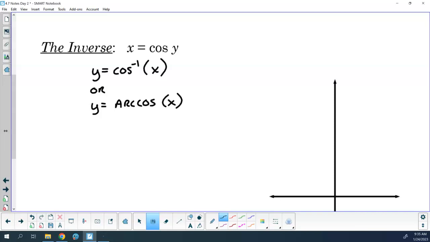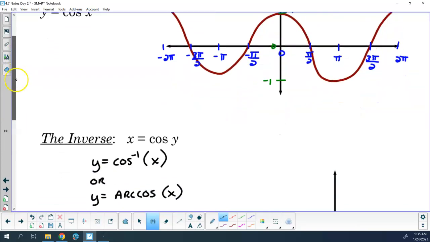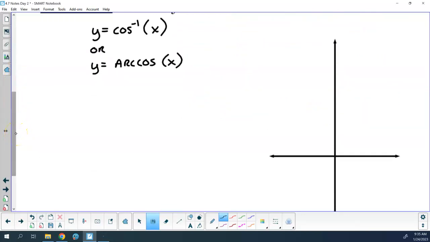So give me a point based off of my cosine graph. Give me a point on the inverse graph.